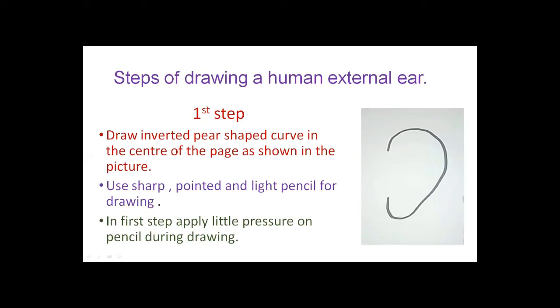In first step, draw inverted pear-shaped curve in the center of the page as shown in the figure. This is the pear shape and you draw it inverted. And then use sharp, pointed and light pencil for the drawing. In first step, apply a little pressure on the pencil during the drawing. This is the first step, and then we will move towards the second step.